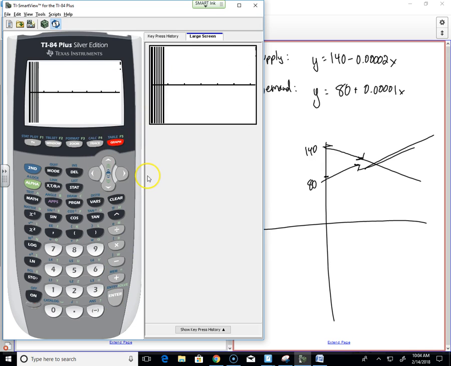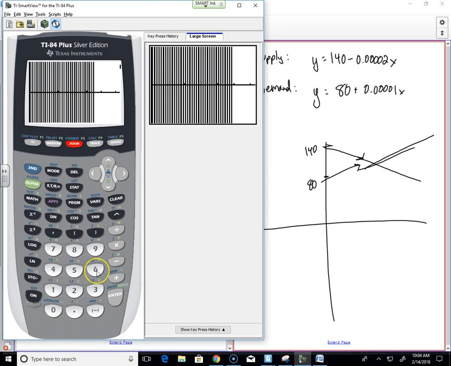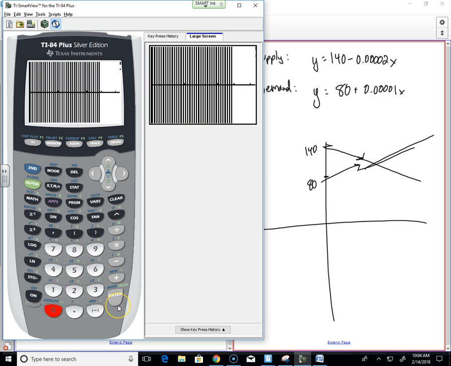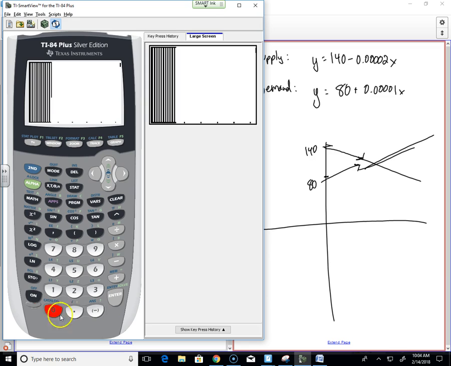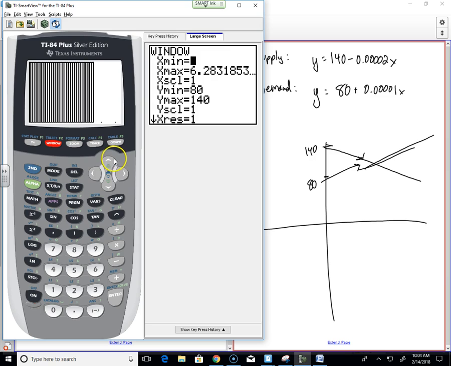So if I was to go to the graph, you're not going to see much because this is kind of a boring graph. But we could go ahead and zoom fit maybe? That's kind of gross. Window, I know it needs to be above 140.